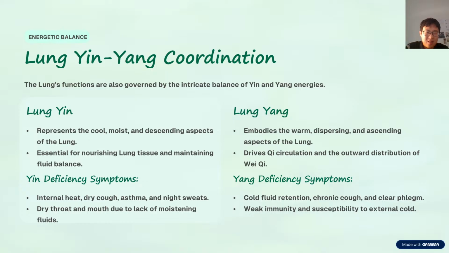The descent of the lung energy is supported by the lung yin energy. The ascending movement relies on the yang energy. So it explains the lung's function and the lung energy in a more specific way.